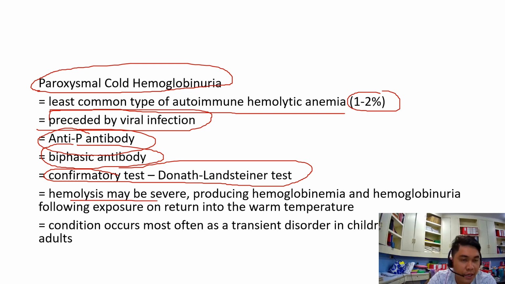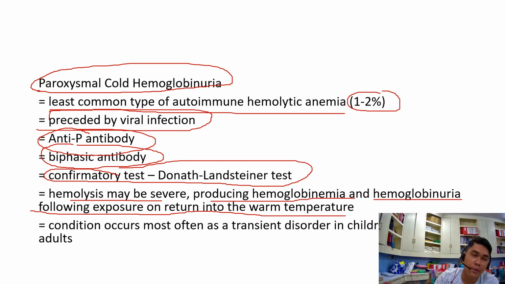Hemolysis may be severe, producing hemoglobinemia and hemoglobinuria following exposure and return into the warm temperature. Okay? So even if you transfer to a warm environment, there's a possibility of hemolysis due to the presence of the biphasic antibody. The condition occurs most often as a transient disorder in children and young adults.